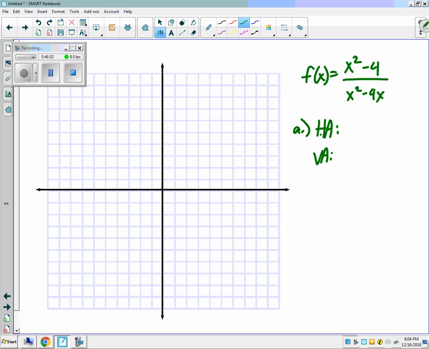If the bottom wins, it's at 0, the x-axis. If the top wins, there's not one, right? And if they're equal, it's a ratio of leading coefficients.